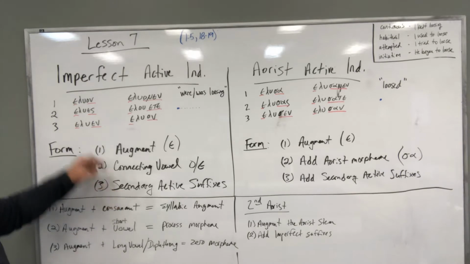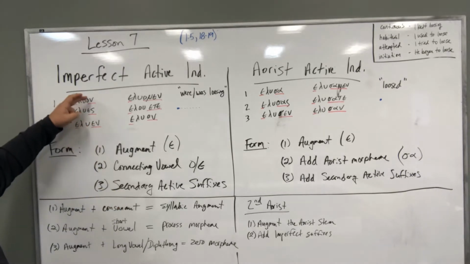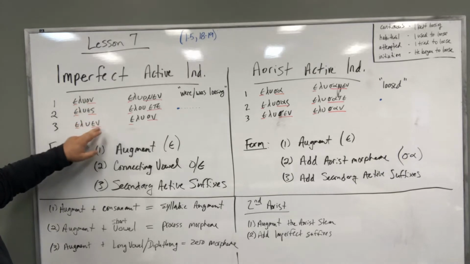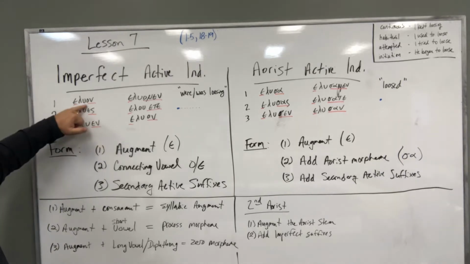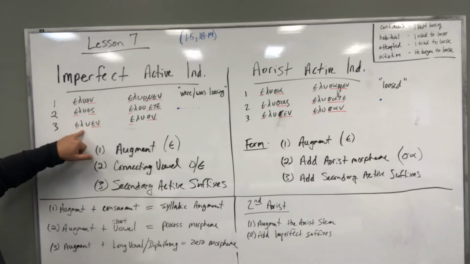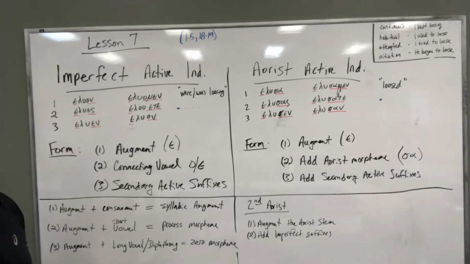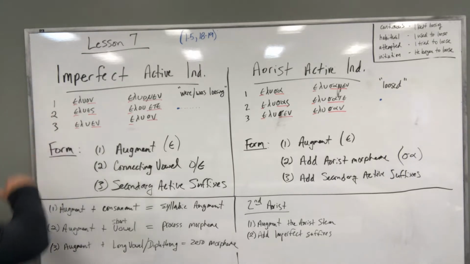And then I add my secondary suffixes. So I have nu, nu, sigma, nu. Notice my omicron and my epsilon. My omicron is changed to epsilon in third person singular to differentiate it from the first person singular.